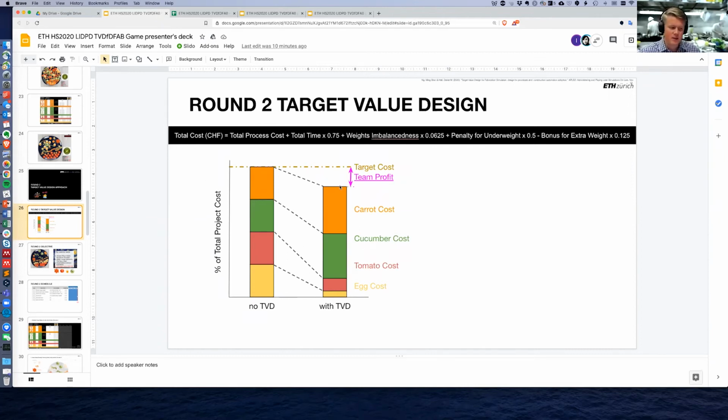In this case, the carrot cost actually gets a little bit bigger, and that would be okay, but the overall cost goes down. And as we talked about last week with the IPD contract, that profit is then split between everyone. So everyone has an incentive to work together to reduce the overall cost, because their profits depend on the overall cost being below the target cost. So that's the basic idea of target value design.